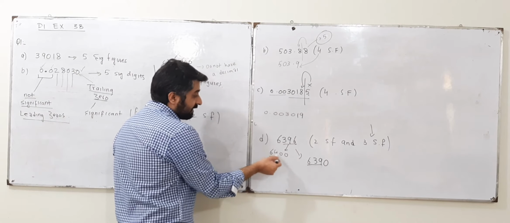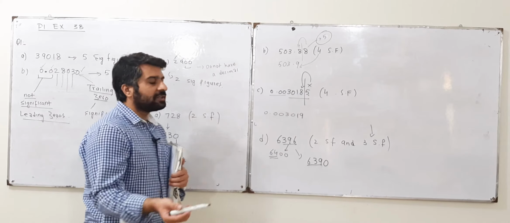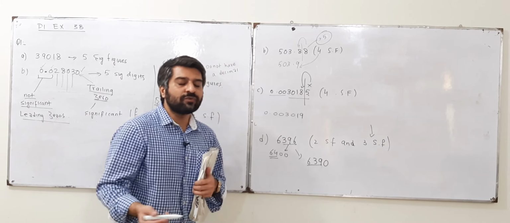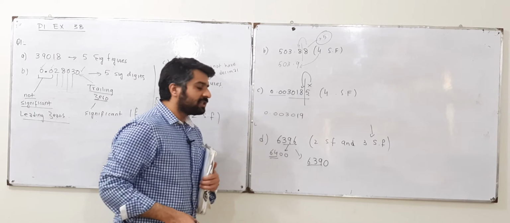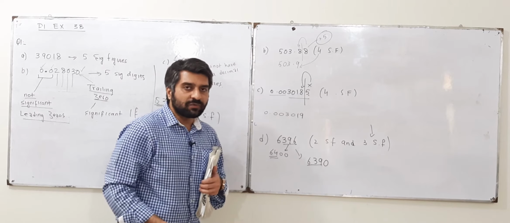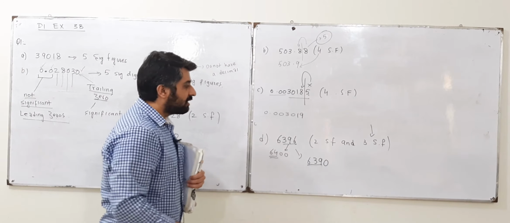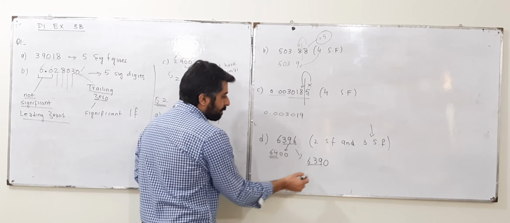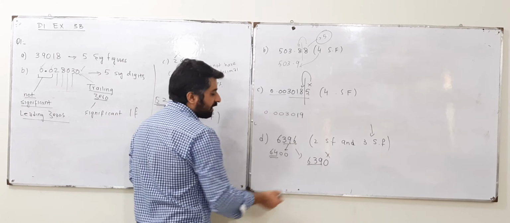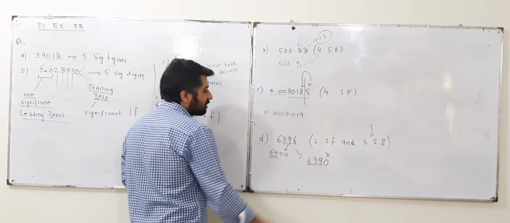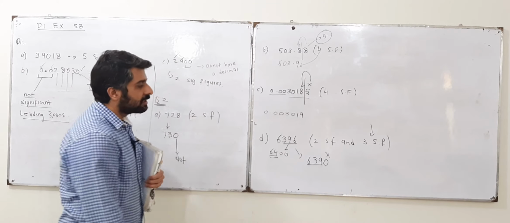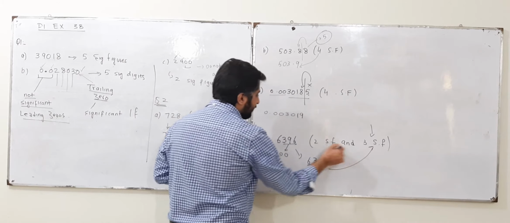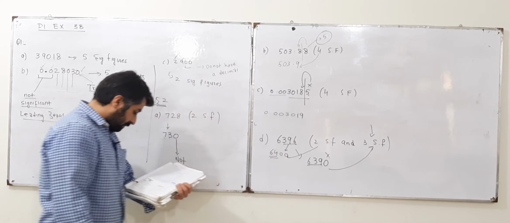To the nearest 10 it is 6400, but by rounding off to 6400, it has two significant figures. I need three significant figures, so I have to round it off to 6390. This 0 is not significant, we don't have a decimal anywhere in the number. So this is the answer in case you need three significant figures, and for 2, this is the answer.